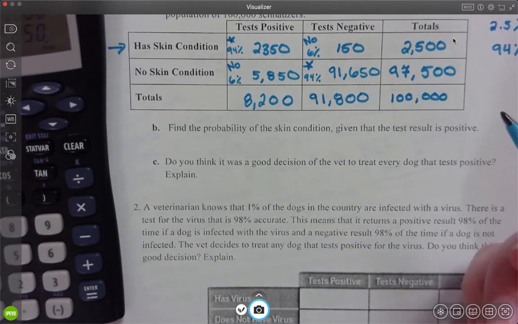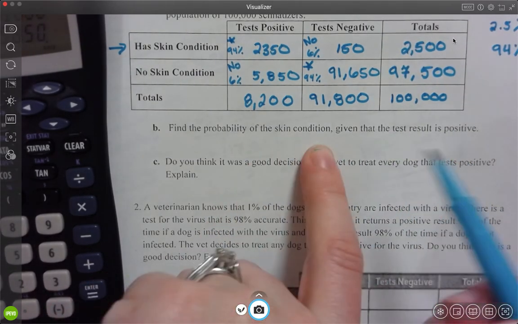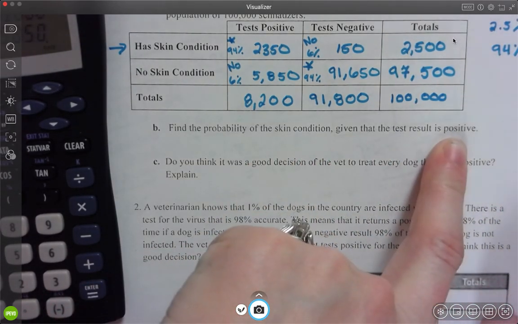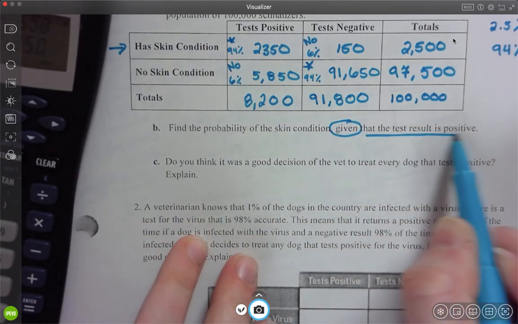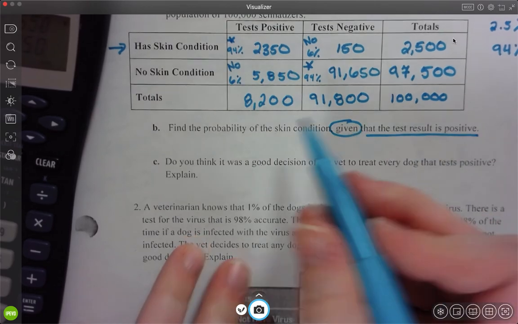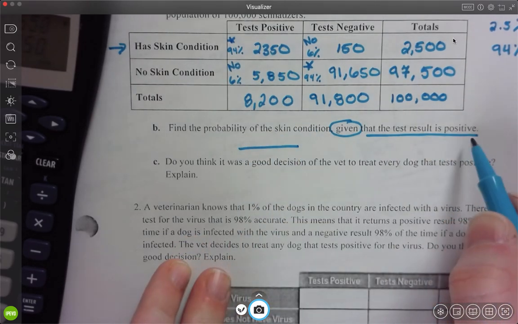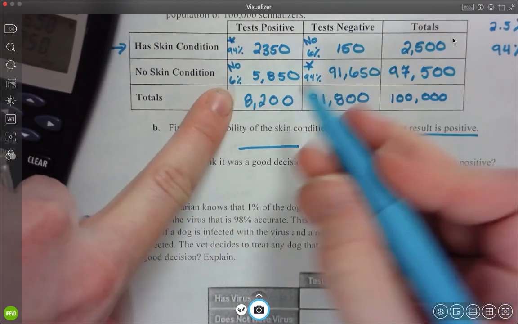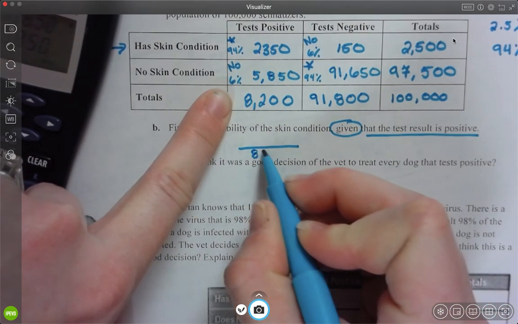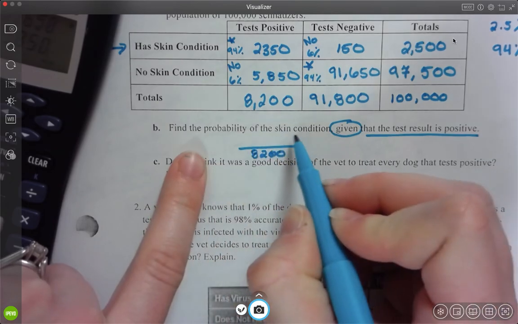So find the probability of the skin condition given that the test result is positive, okay? Given that the test result is positive, we're going to start with that. The bottom number is going to be the test result being positive. So how many total positive testers did we have? 8,200. And find the probability of skin condition.